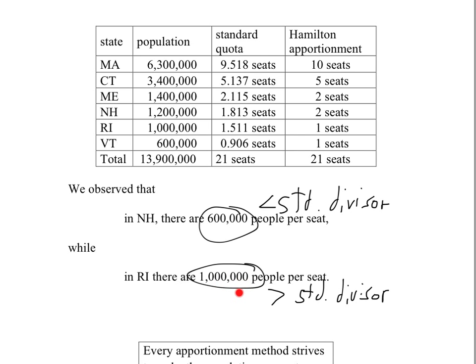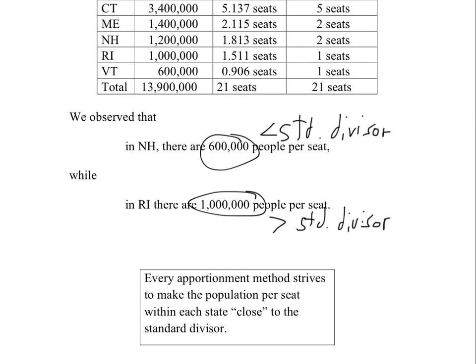The number of people living in each congressional district there will be greater than the standard divisor. The standard divisor is the number of people who would be living in each congressional district if they were really all the same across all states. They're not the same across all states. Within a state, the same number of people live in each district, but from one state to the next there are differences, and the standard divisor gives us something to compare to.